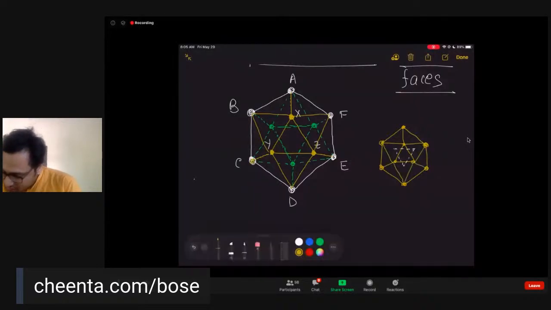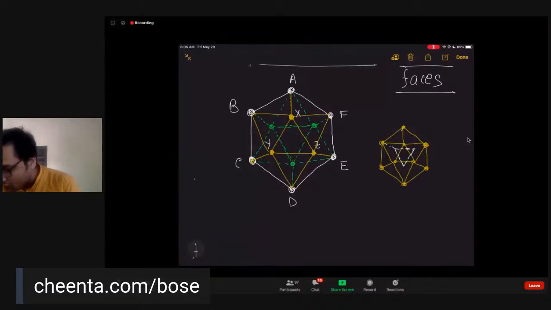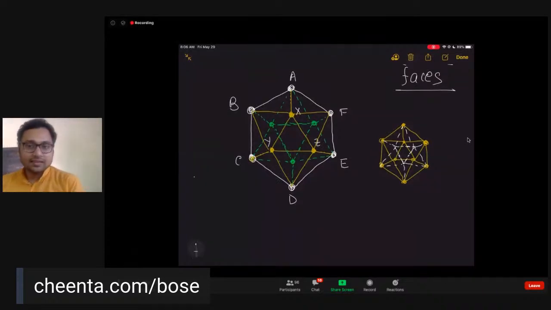And each of the pieces of the white triangle are connected with 3 more vertices in the hexagon. And we have the so-called icosahedron, the 20-faced solid.